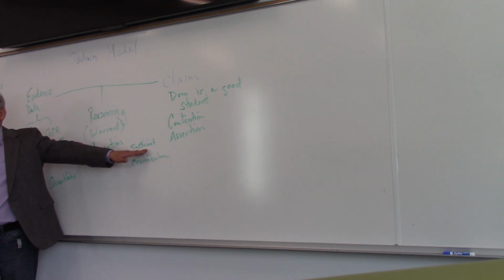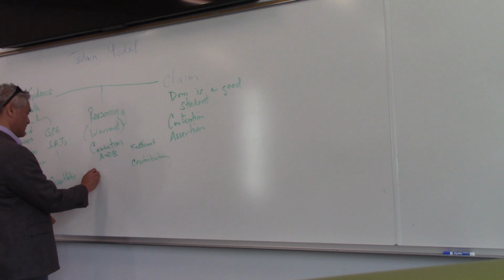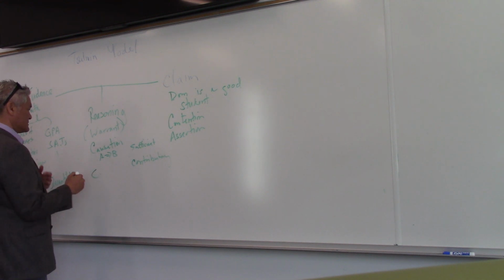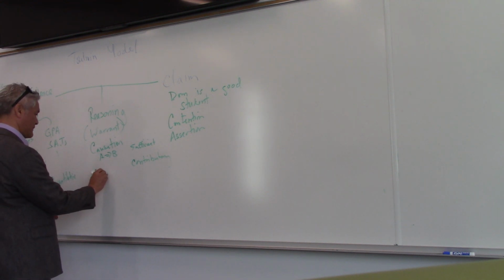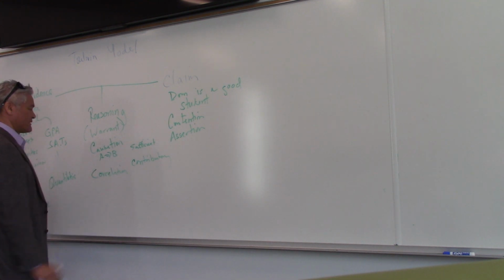Like in different fields, there's a different threshold. In the medical field, it's in the 90s, right? In other fields, it'll be in the 50s to call it sufficient. Otherwise, we call it correlation, okay?